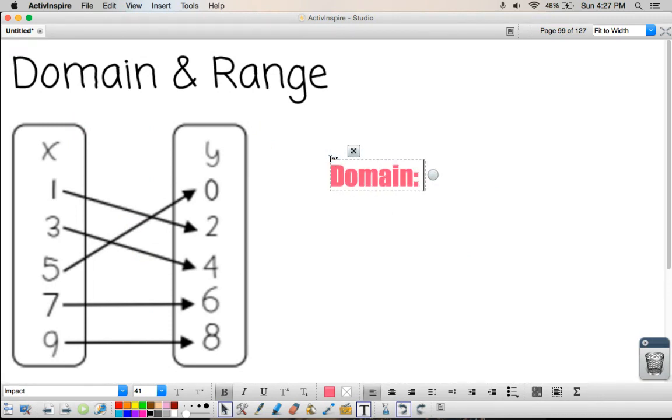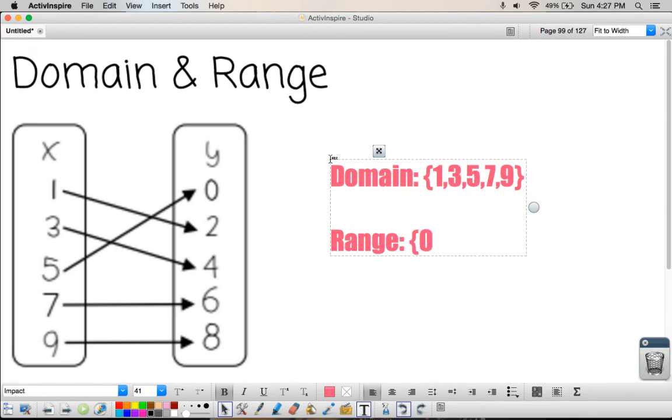Here, my domain is 1, 3, 5, 7, 9. And my range, 0, 2, 4, 6, and 8.